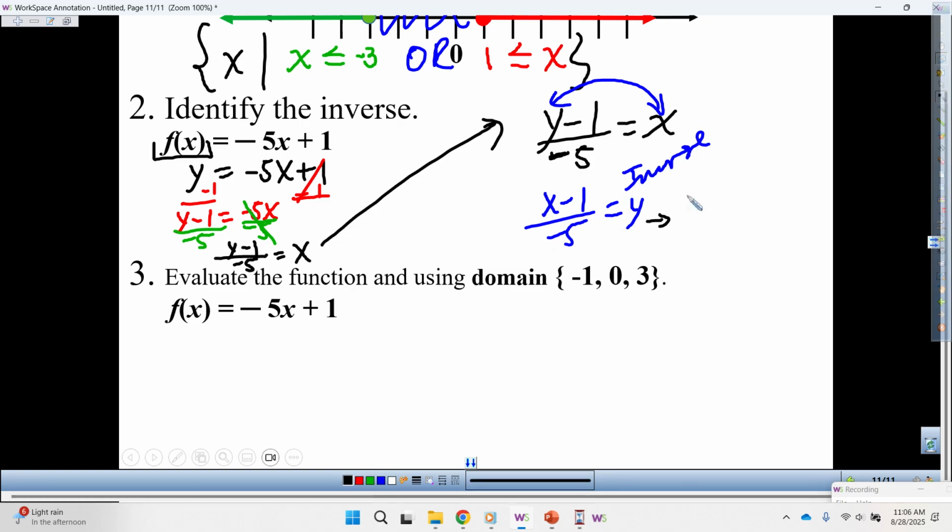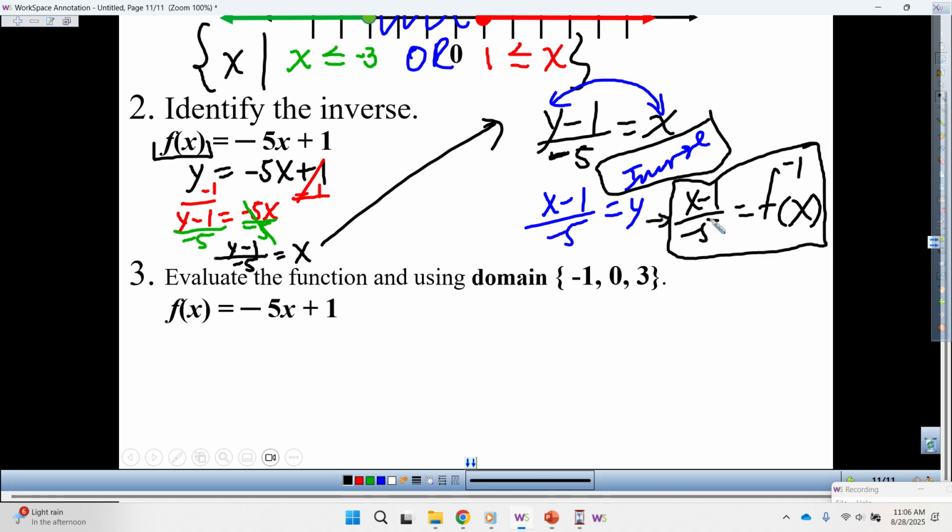So then write this again. x minus 1 over -5 equals f of x. However, write the little -1 so that we know that that's the what? The inverse. That's what tells us that it's the inverse. Now, look up, guys, just to make sure we know what we're looking at. This is the inverse of what? Of this original one.